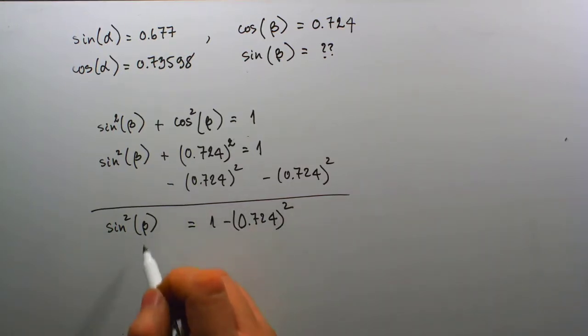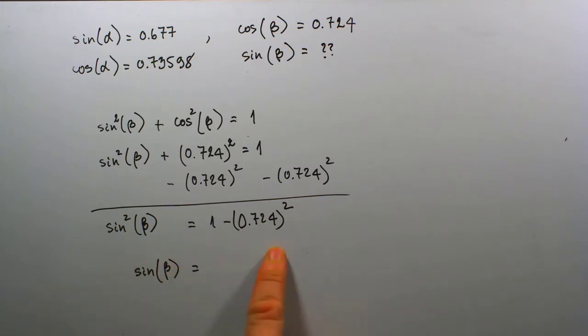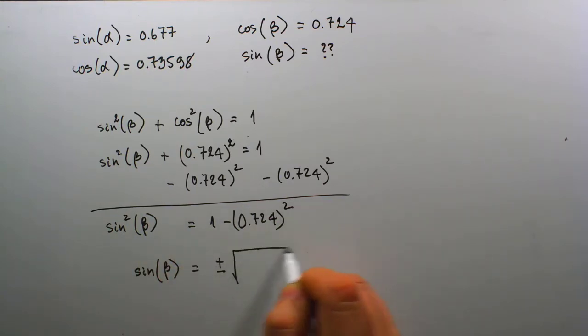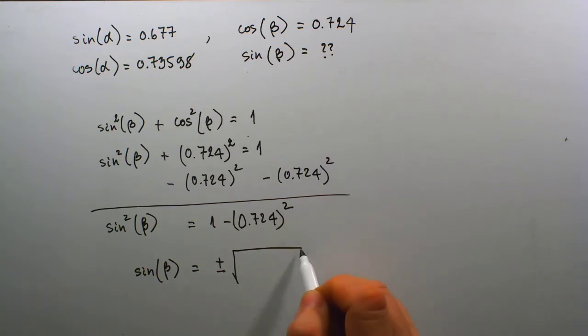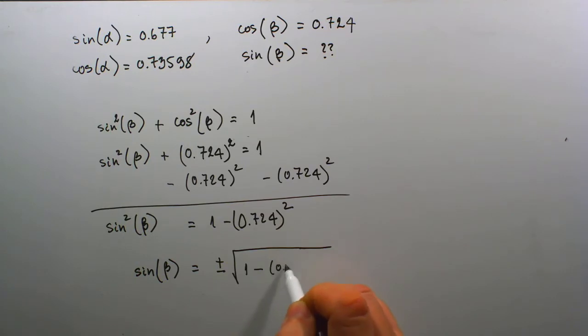Now, to find sine of beta, the next step is to take the square root of both sides. But recall again, anytime we're taking the square root on both sides of an equation, the right-hand side will give us a plus and minus square root expression. Inside that square root, we're looking at 1 minus 0.724, all squared.